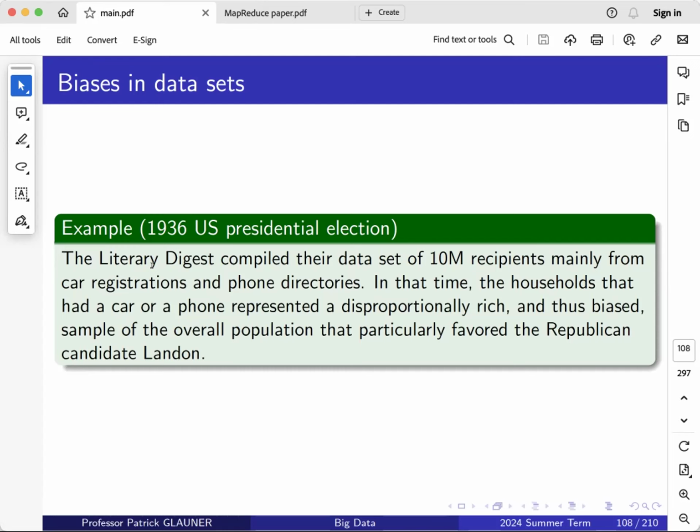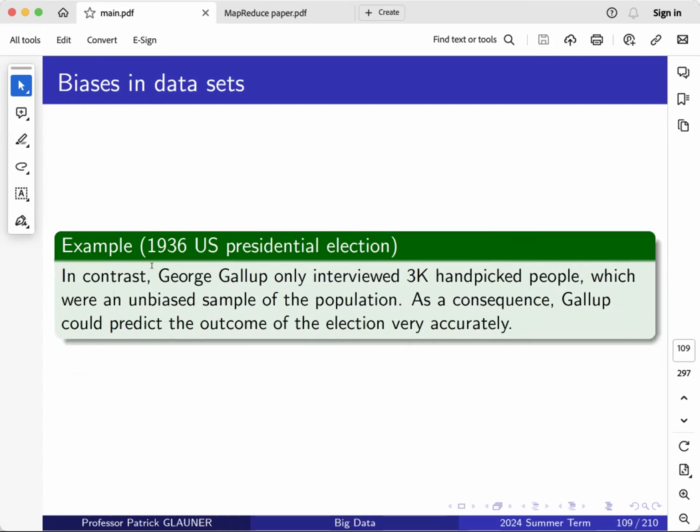Now, we saw this big data analysis did actually not succeed. And in 1936, there was a second person trying to predict the election, a man called George Gallup. And he, Gallup, only picked 3,000 potential voters.